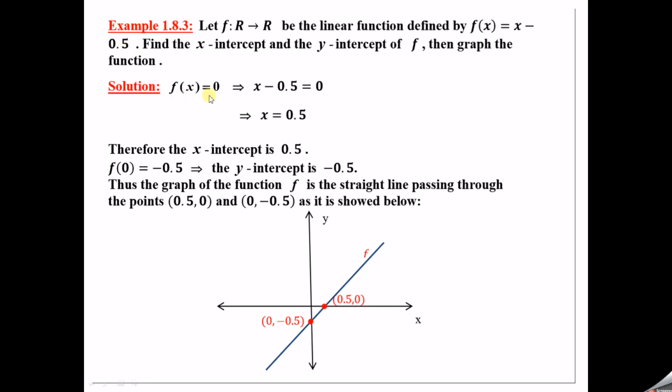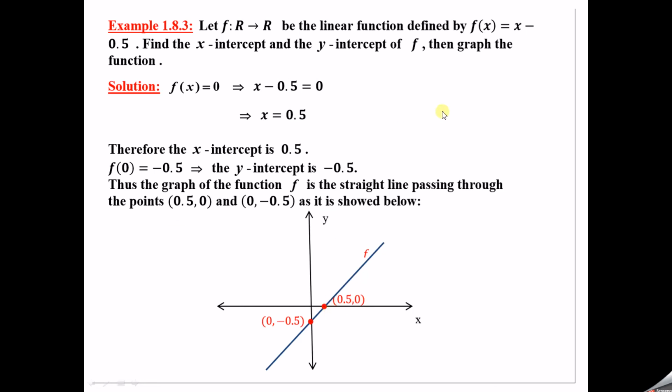To find the x-intercept, you have to put y as 0. y is nothing but f(x). If we put f(x) = 0, x - 0.5 = 0, that implies x is equal to 0.5. Therefore, the x-intercept is this point, x value 0.5 and y value 0.